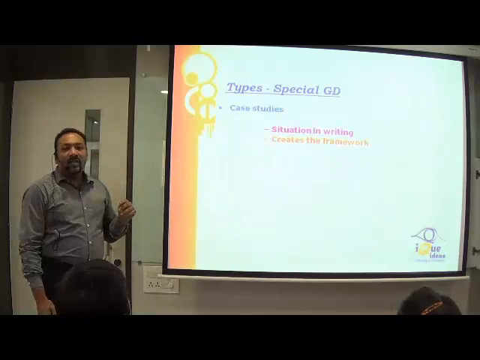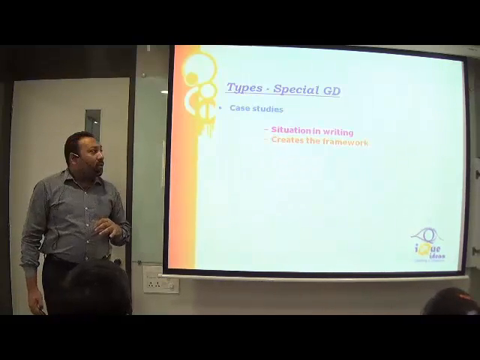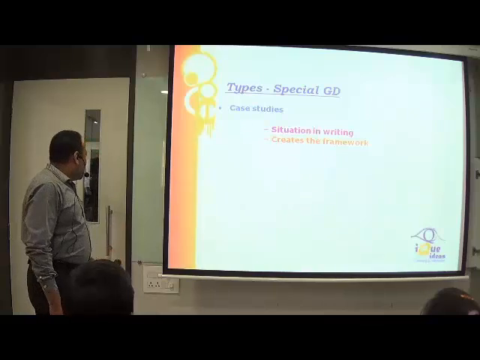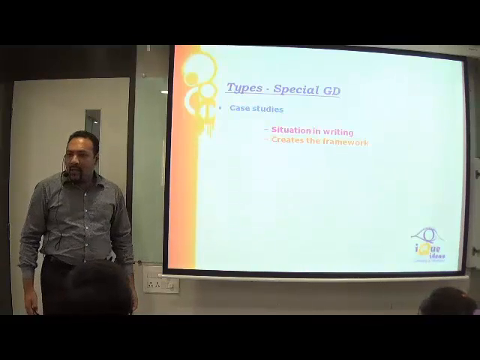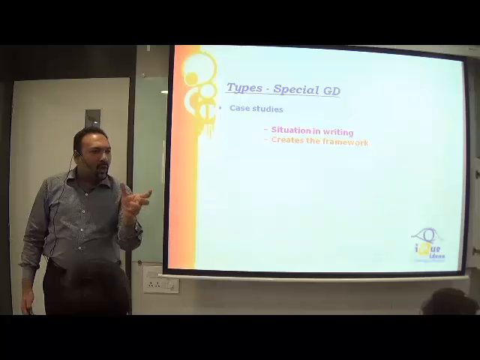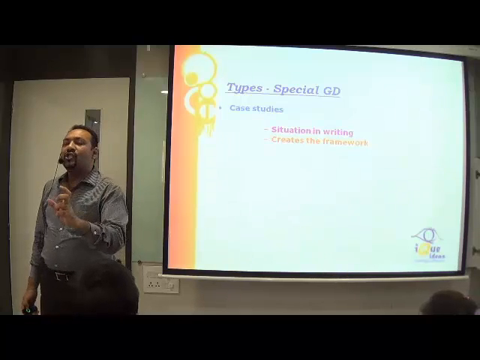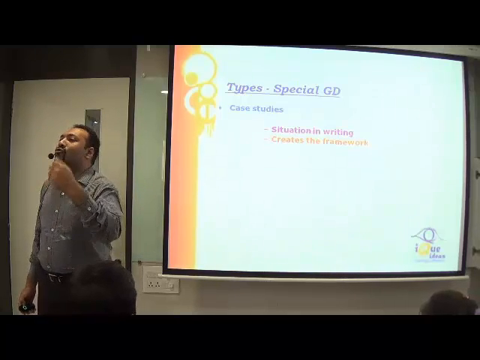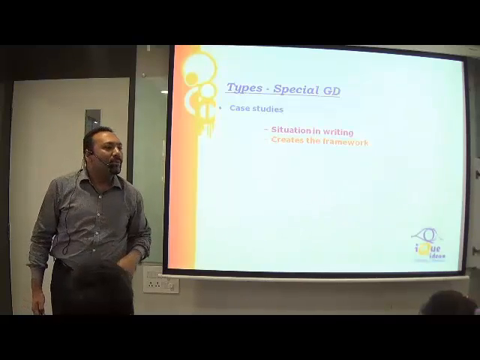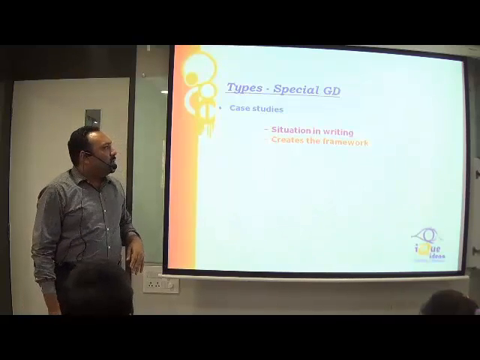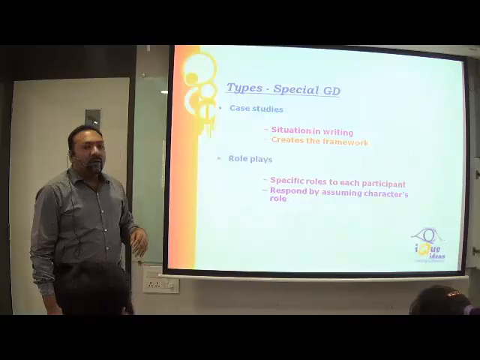And the third type are the special GDs, wherein I can be given a particular case study. A small case may be given to you, and you may be asked to find a solution to this particular problem in a case, which is a situation.